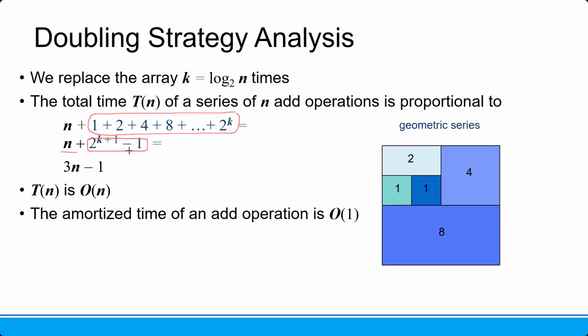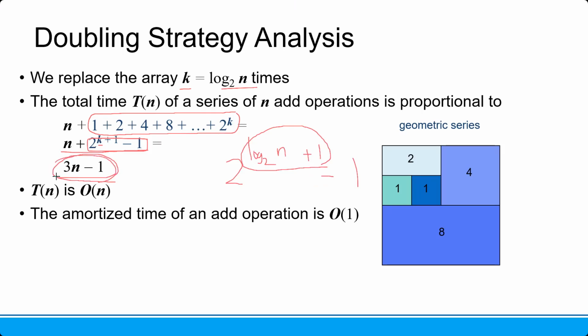When we have this formula, let's replace k with log base 2 of n. So 2 to the power of log base 2 n plus 1, minus 1, so at the end we have Tn of 2n minus 1.